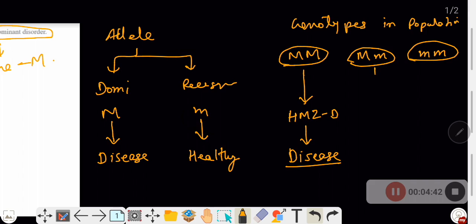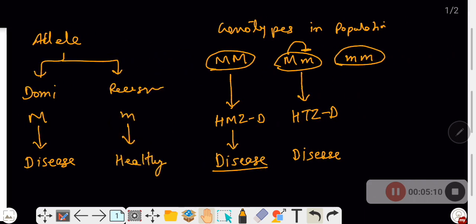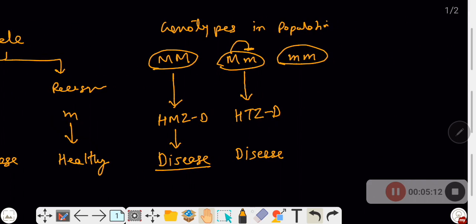Now look at this one, we call it heterozygous, and because of the law of dominance, capital M will be dominant over the small m allele. So capital M will produce the phenotype, again a dominant phenotype, so again a diseased condition.